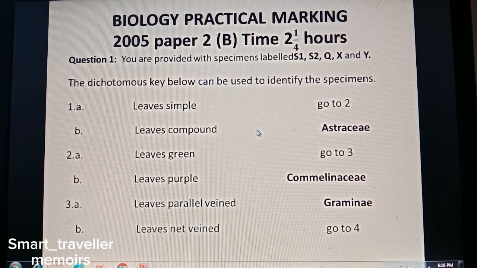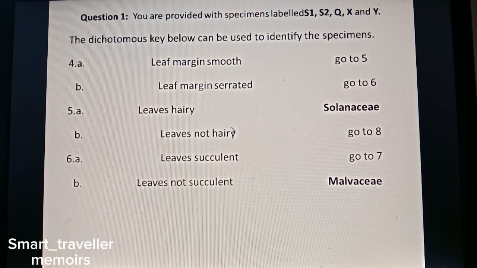And leaves net veined, you go to 4. A, leaf margin smooth, you go to 5. Leaf margin serrated, you go to 6.